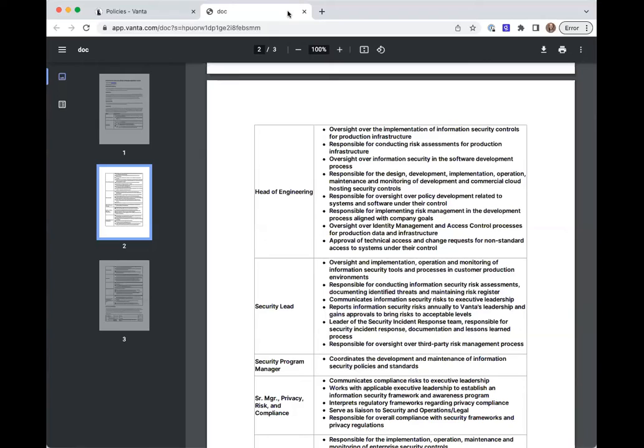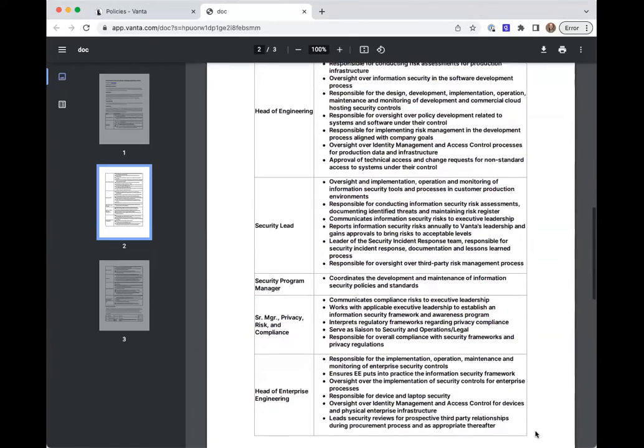Obviously, if you're a small shop, you're going to have more and more stuff put into it. The other thing is the level of detail. This is a workable level of detail, but you could also be a little bit different there. You could do it a little more high level, or you could be a little bit more granular depending upon your specific needs.